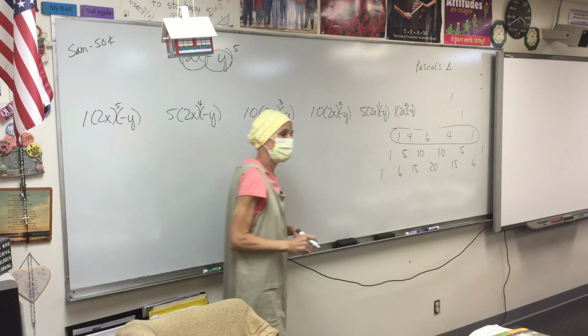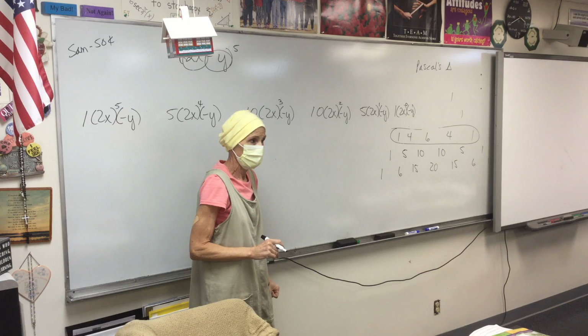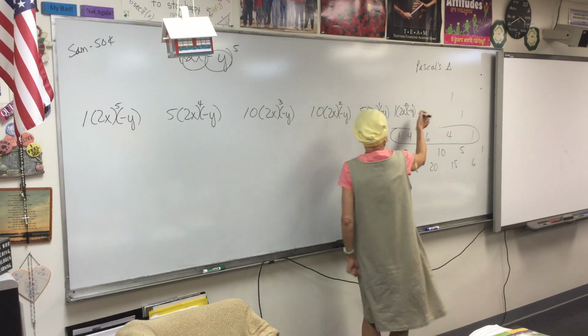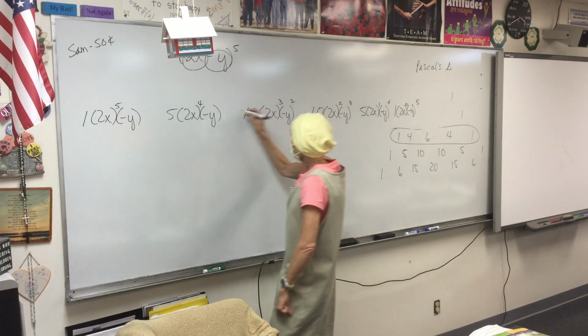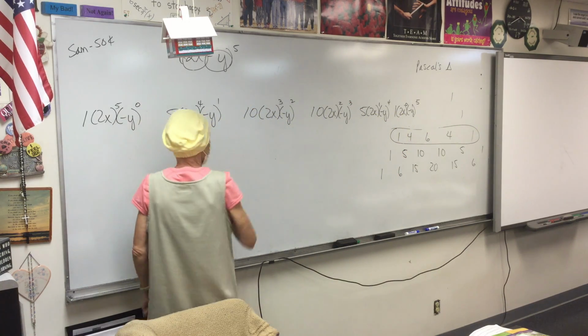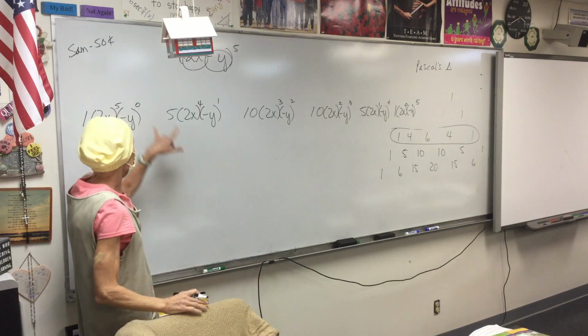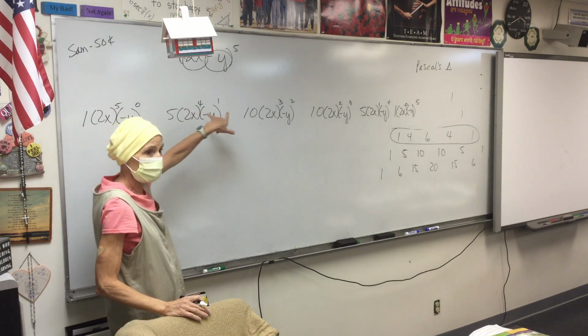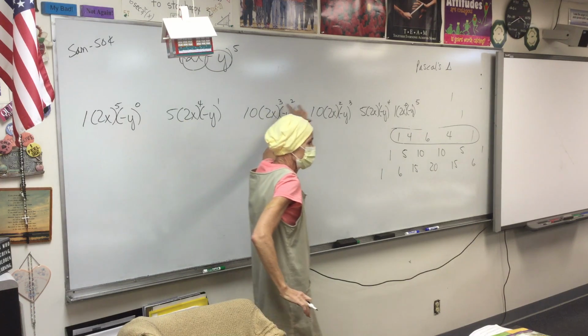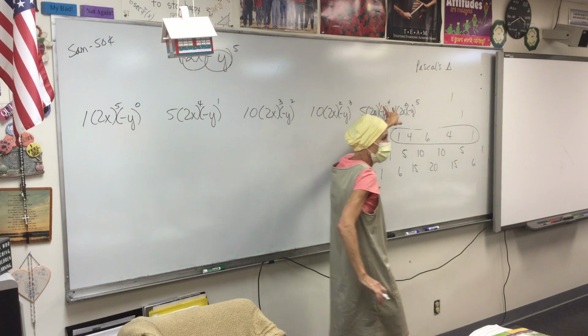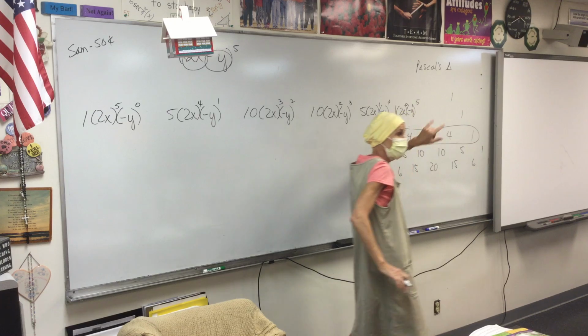And then what happens to the y exponents? They do the same thing, but the other direction. And what is my little built-in check? In every term, the exponents should add up to 5. And they do.